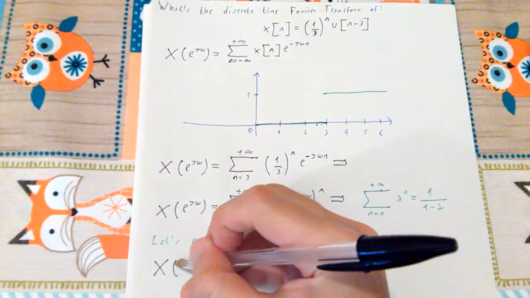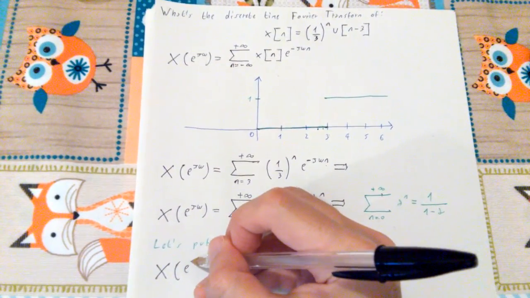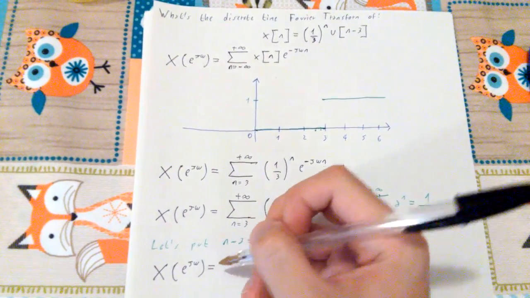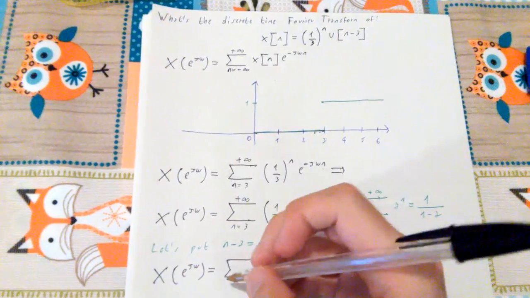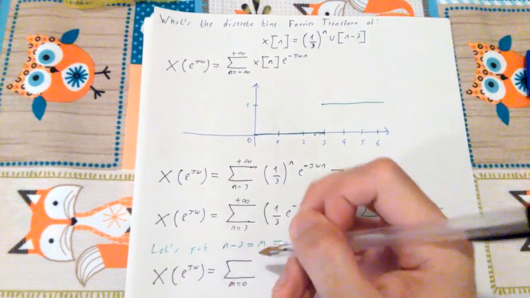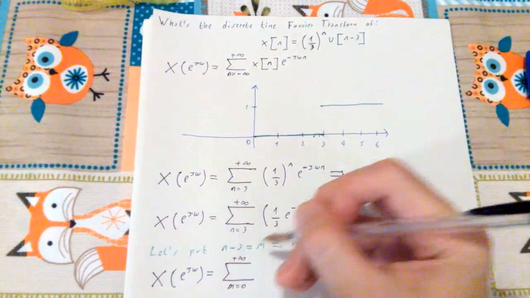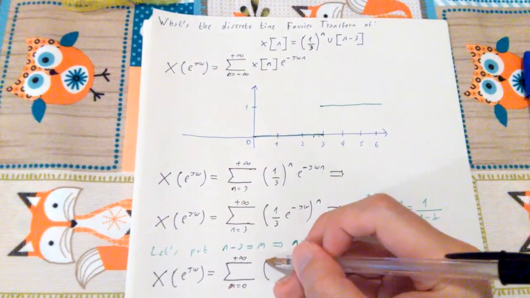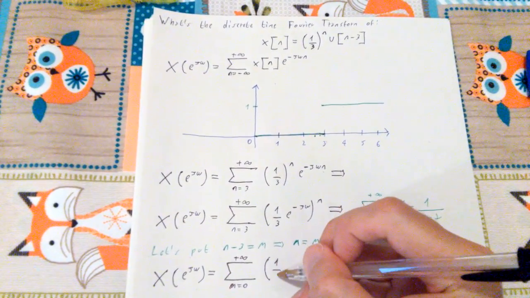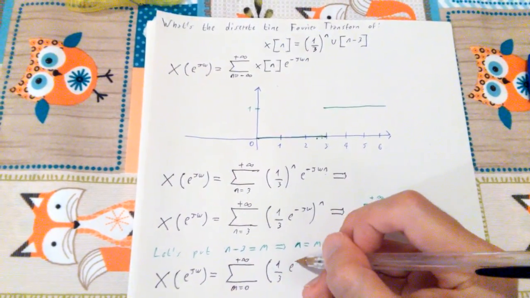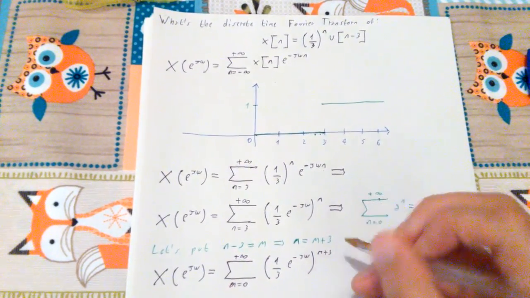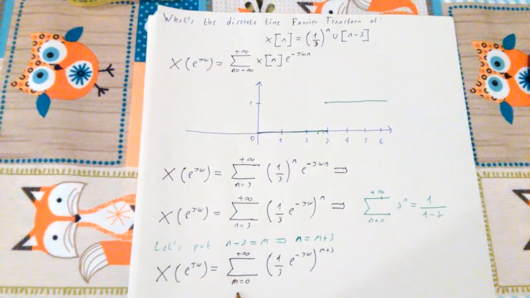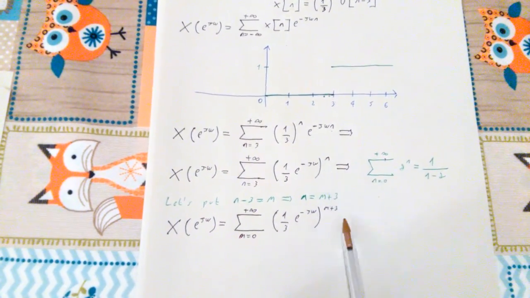Well, we get X of e to the j omega equal to the sum from m that goes from 0 to positive infinity of 1 over 3 e to the negative j omega, all raised to m plus 3. So we don't have n anymore, and we don't have n anymore.